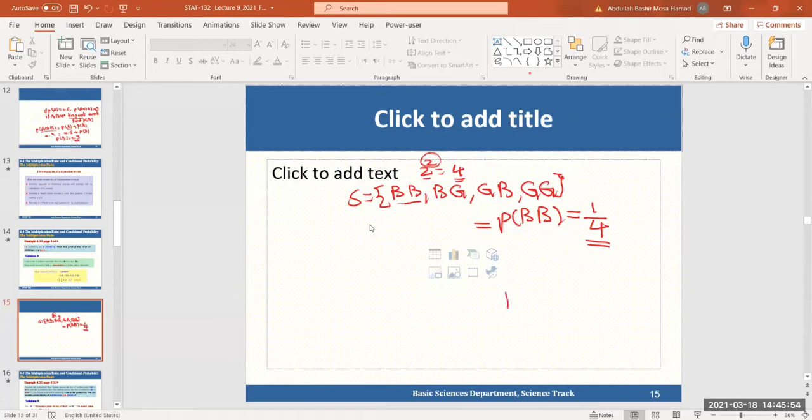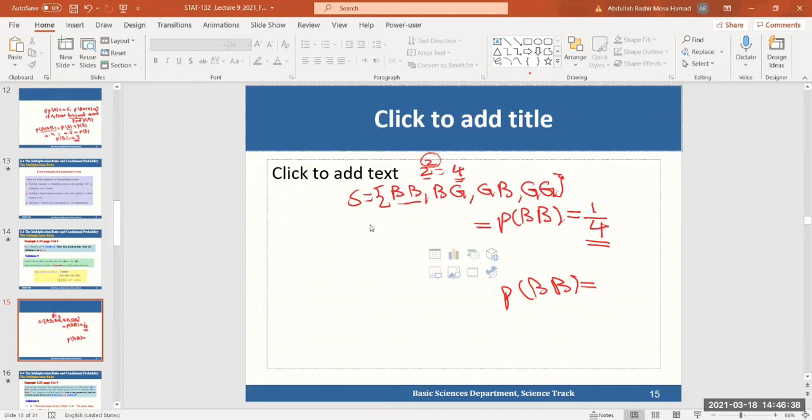In statistics we don't write 'and', but actually it is B and B, B in first and B in second. Let's check, is it an independent event or not? Does the second baby depend on the first baby or not? No, it is independent. If the first baby is a boy or girl, it does not affect the second baby. The second baby also can be a boy or a girl.